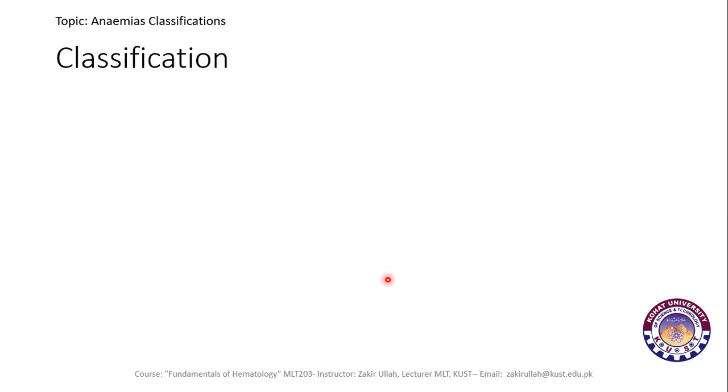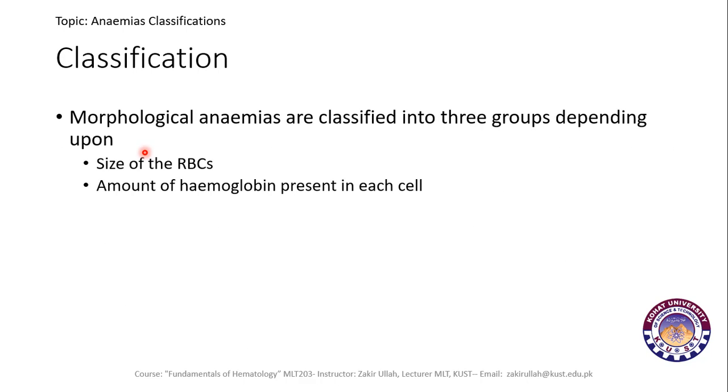The classification of anemias on the basis of their morphology: it is divided into three groups depending on the morphology, and this morphology includes the size of the red blood cells and the amount of hemoglobin present in each cell.